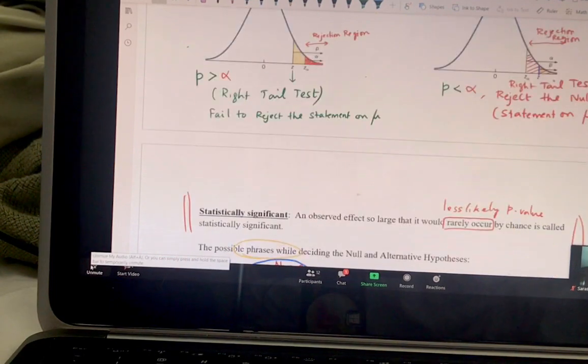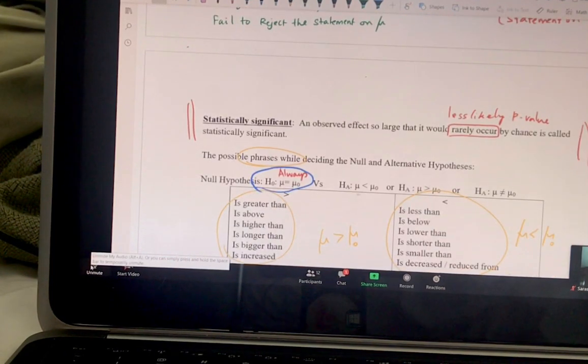So that is the definition of statistically significant. What is the definition of statistically significant? Less likely p-value, rarely occur, that means the same as smaller the p-value, it's going to be called statistically significant. That is the technical term that we are using here in testing of hypothesis, which is nothing but smaller the p-value.